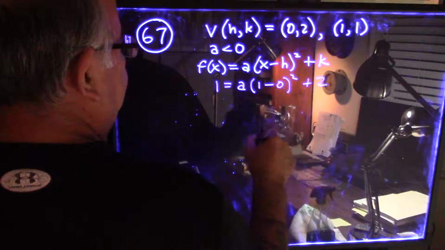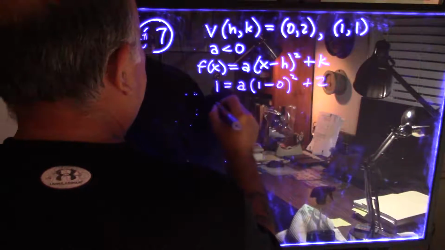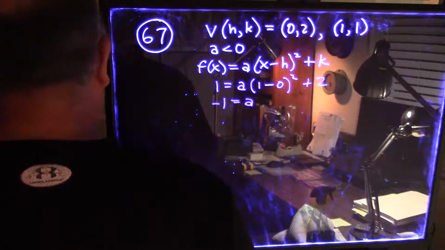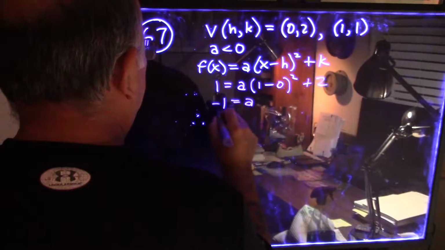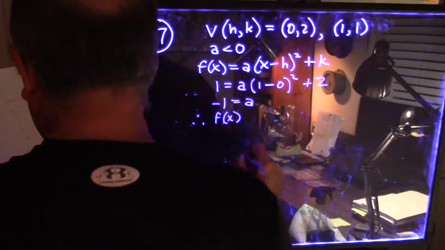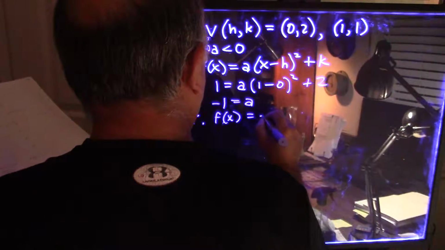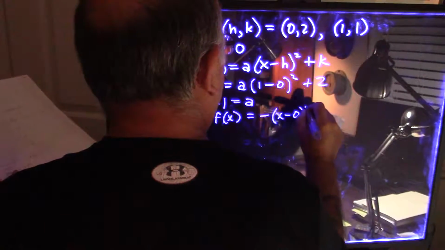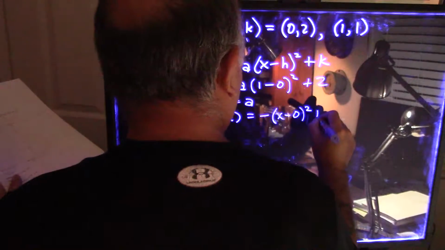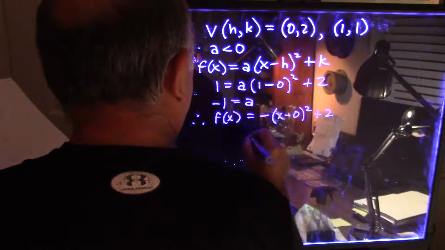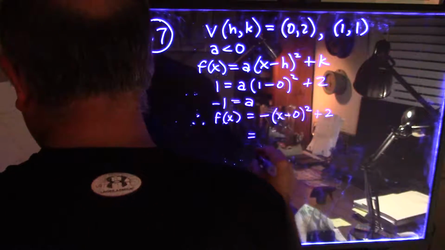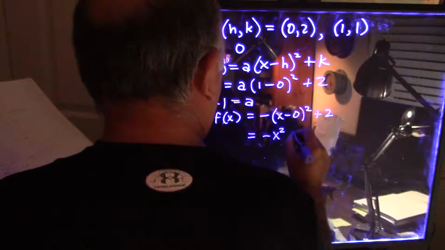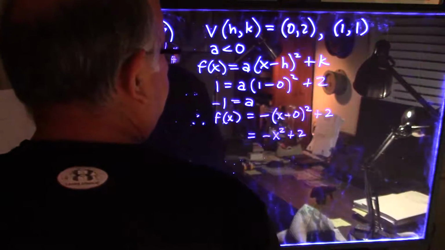So you end up with negative 1 equals a. Alright, so therefore f of x is equal to negative, and then you've got x minus 0 squared plus 2. And that will simplify to negative x squared plus 2, which is already in general form. So there you go.